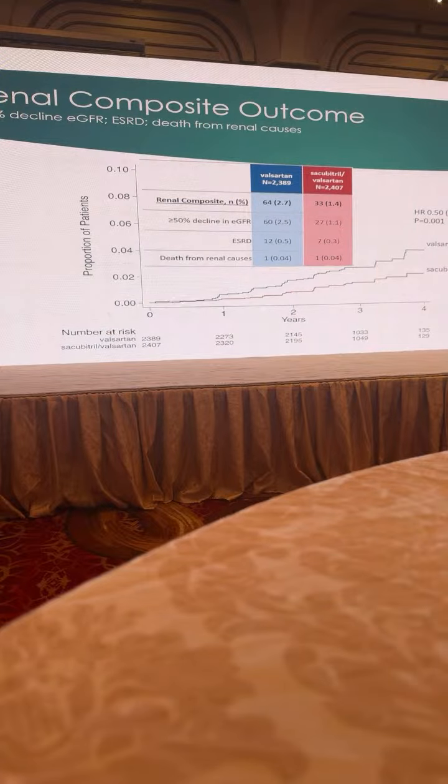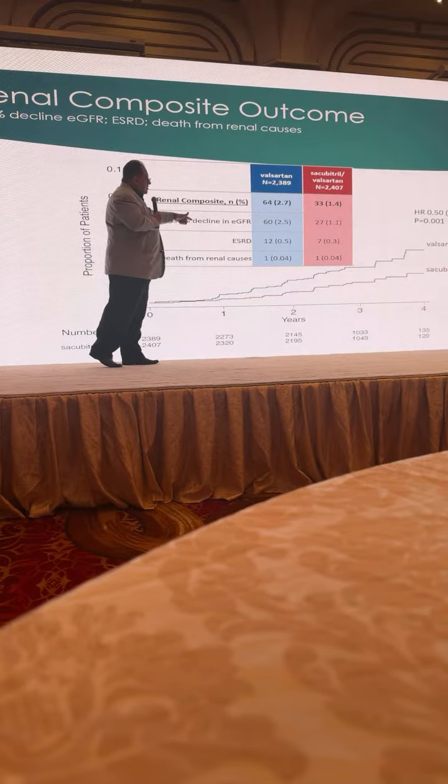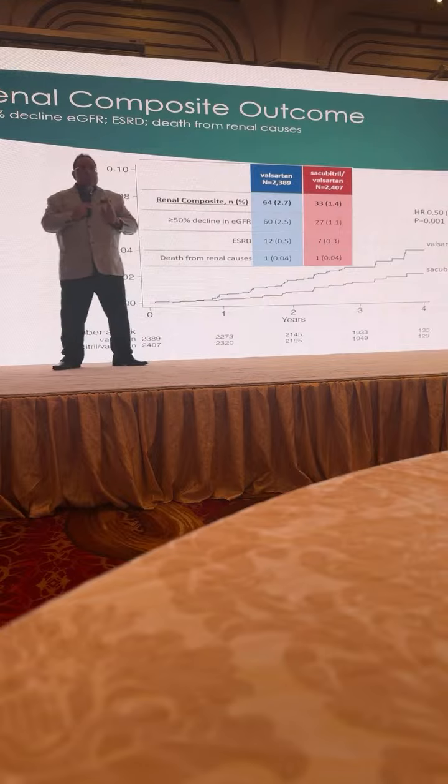What exactly is it saying? I speak about renal. The renal composite endpoint between valsartan and sacubitril/valsartan, you can see is statistically significant between those groups. Even you can see here, more than 50% decline in GFR, 2.5 in the valsartan group and 1.1 in the ARNI group.